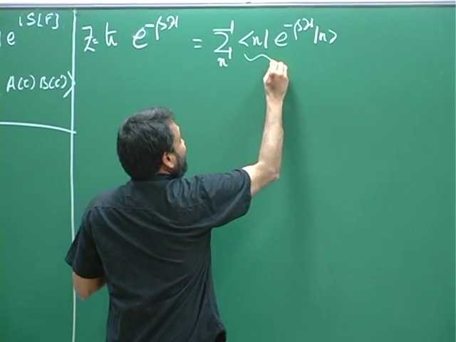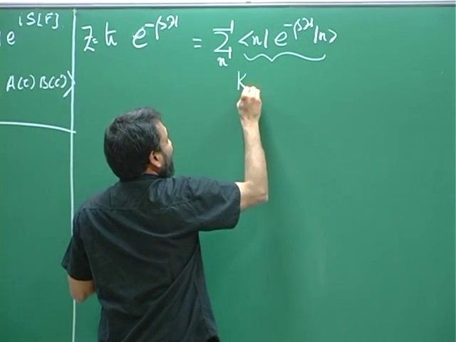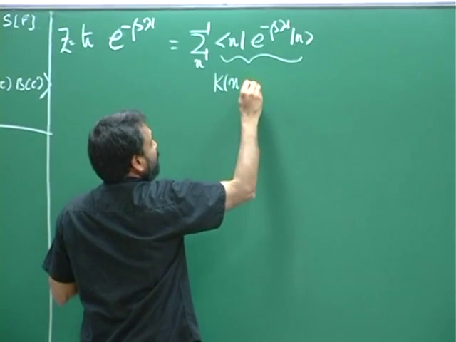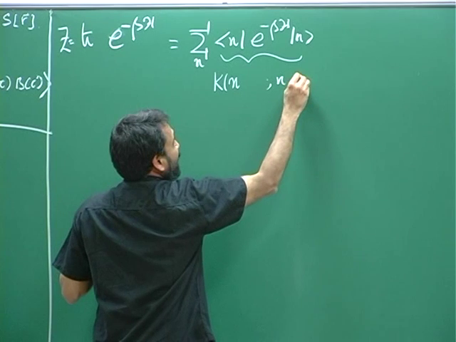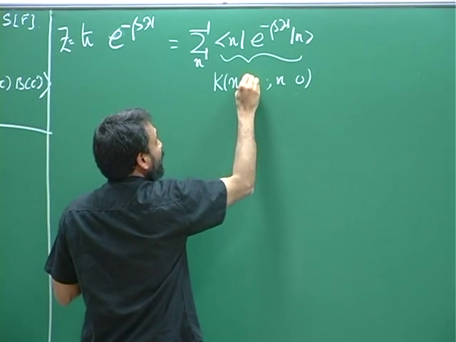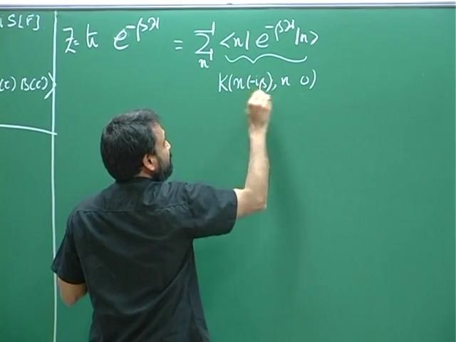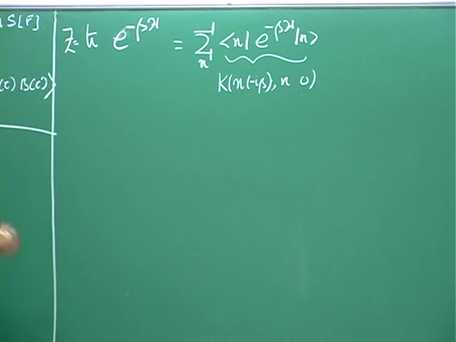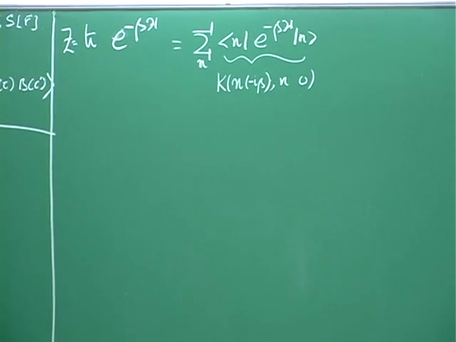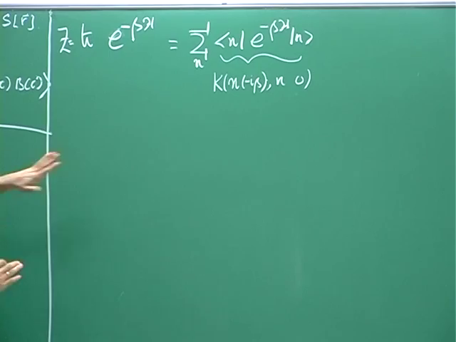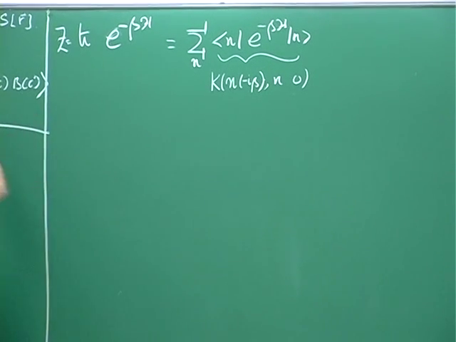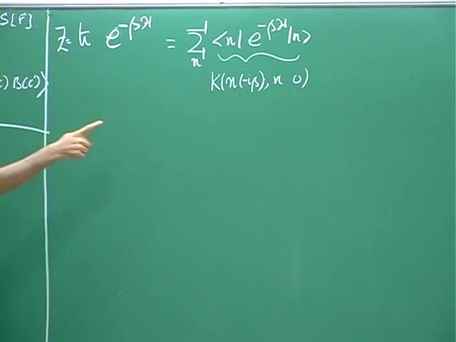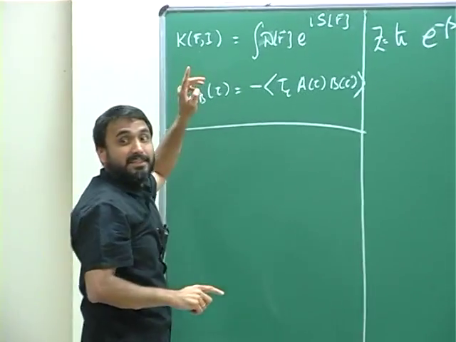Okay, this object can be interpreted as an amplitude for propagation from state n, let me start at time t equal to 0, and then going all the way to minus i beta. Okay, so this can be interpreted like that. Okay, so what we will then say is that there is a formula for this kind of amplitude given by Feynman as a path integral.